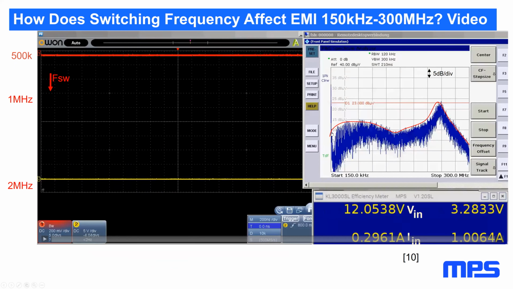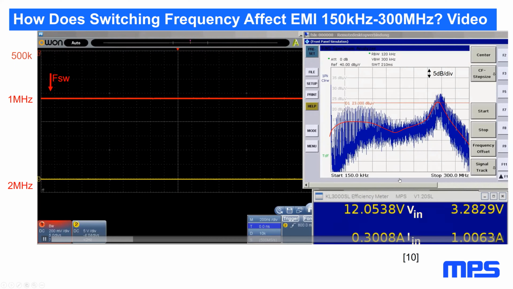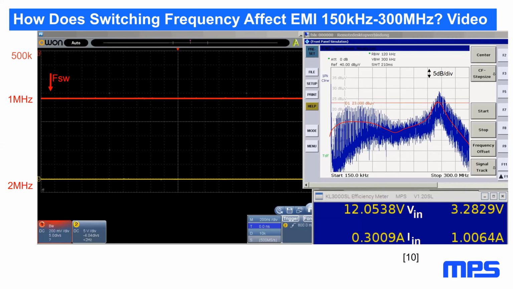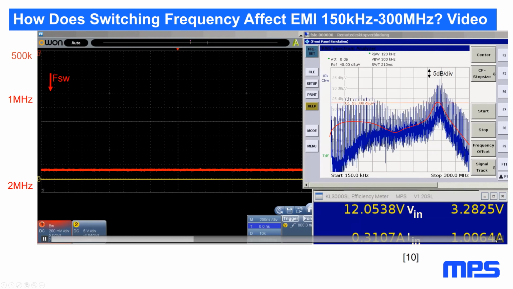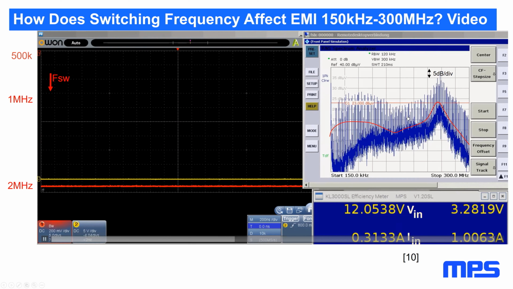I make now the same experiment, and here I look from 150 kilohertz to 300 megahertz. So for the start, I think at about 400 kilohertz, I shaped the red shape, and now we see what happens if we increase the switching frequency from 500 kilohertz to 1 megahertz. Now we see that we get a roughly 6 dB increase, and if you go up to 2 megahertz, we get a 12 dB increase.